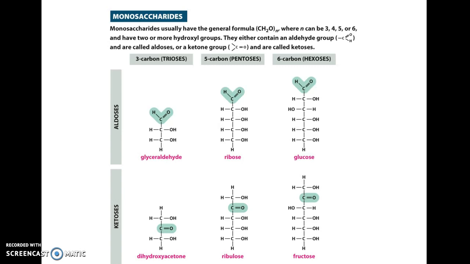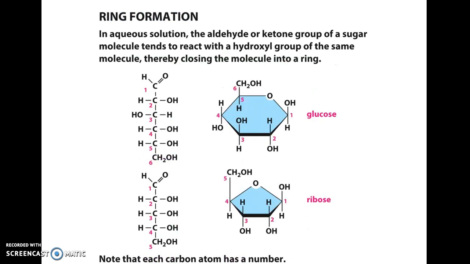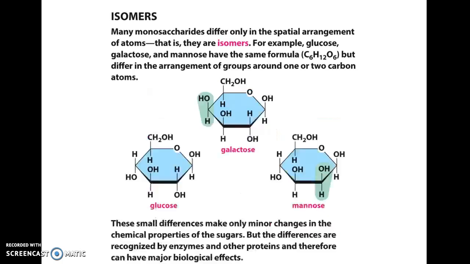Those are both hexoses, C6H12O6. They can bounce back and forth from their ring form to their linear form. There are many isomers for sugars. For instance, glucose has several isomers like galactose and mannose.